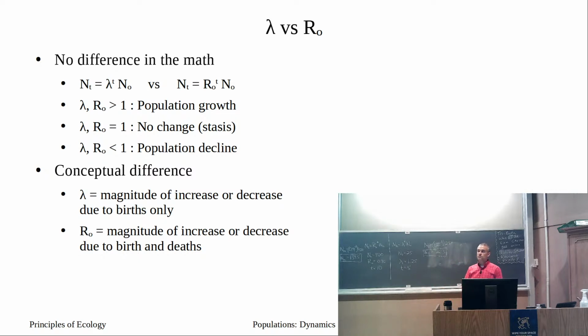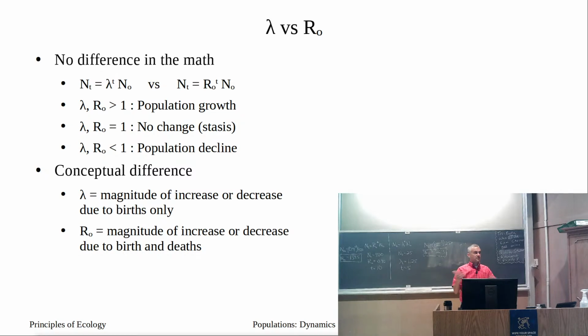R naught takes into account both births and deaths. And where does that come up? Well, it came up with the equation of R naught in our life tables, something that you'll practice: R naught is the sum of Lx times Bx. Survivorship, Lx, is the probability of surviving, and Bx is our birth schedule.